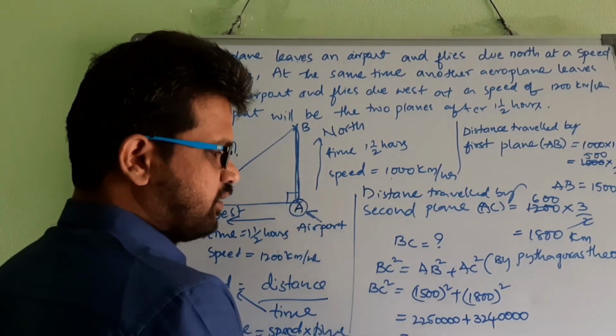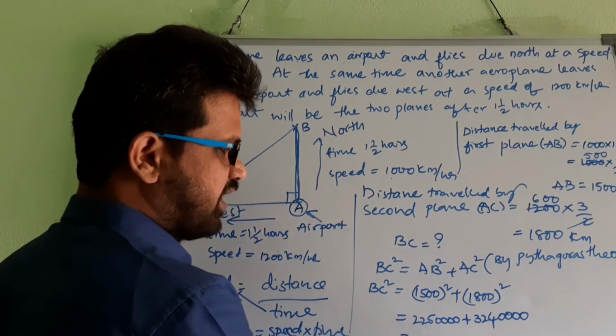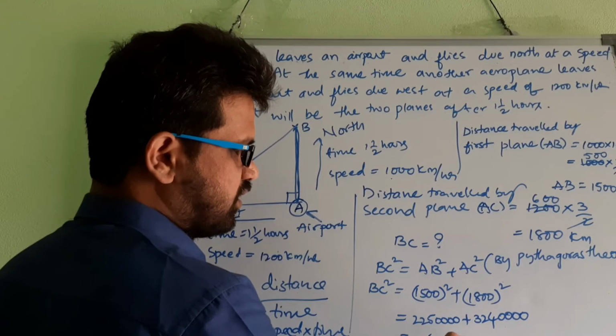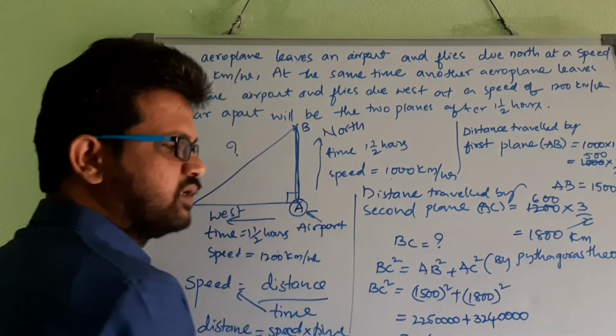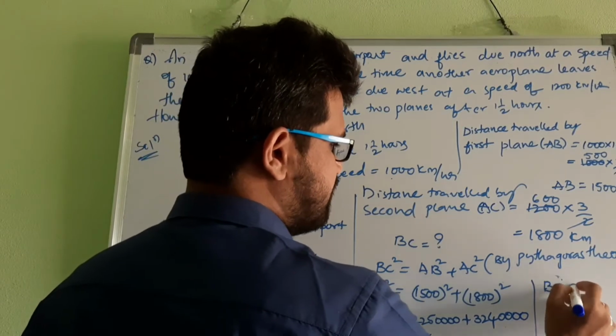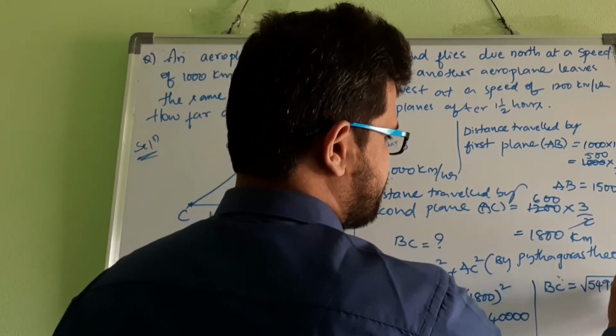225 plus 324 is 549, and 4 zeros, right? So BC is equal to the square root of 549 and 4 zeros.